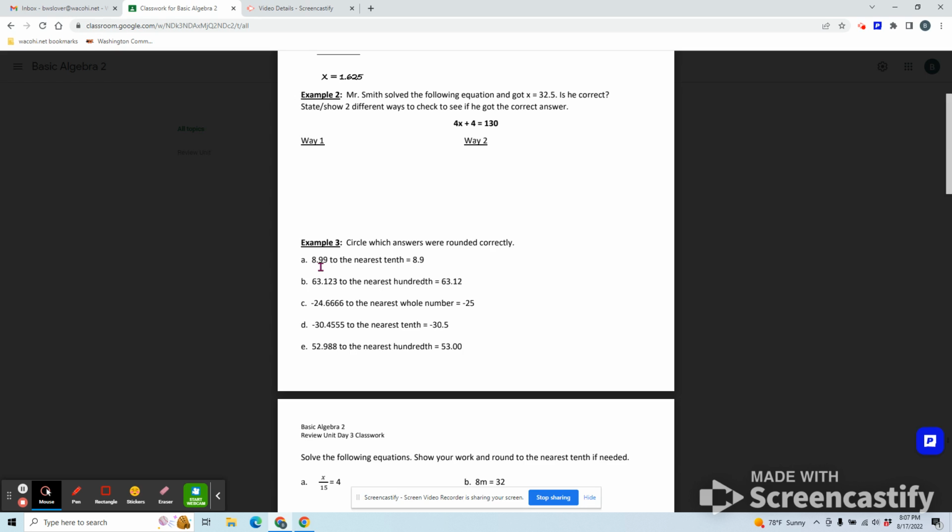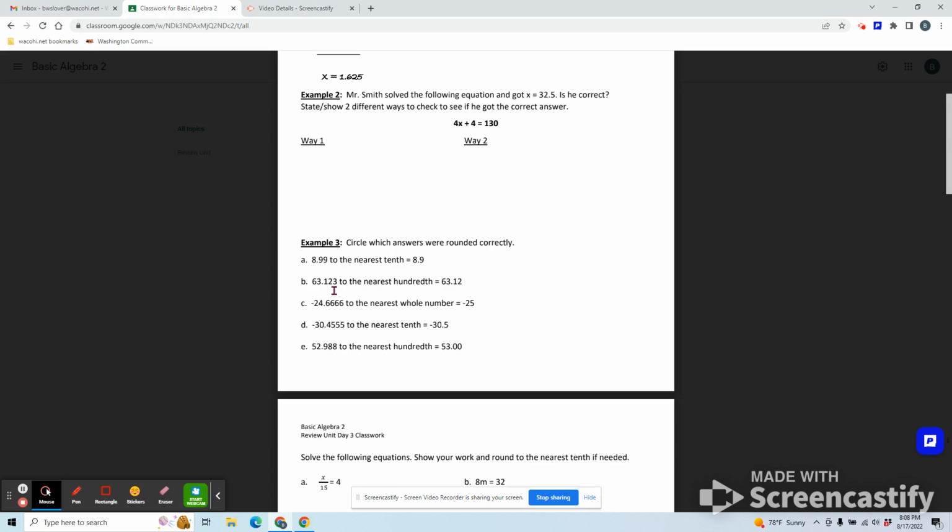So I look to the number next to it, which is also a 9. Well, that's 5 or higher, so that means I got to round up. So this 9 becomes a 10. Well, that carries over here, so this was not rounded correctly. This should have been 9.0. So I'm not going to circle letter A.